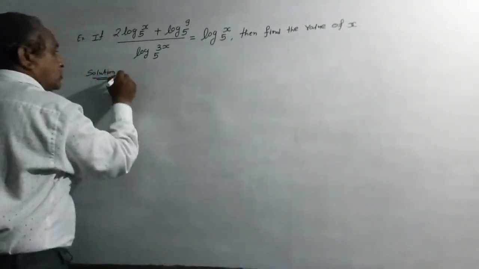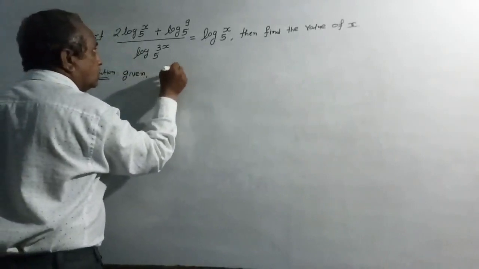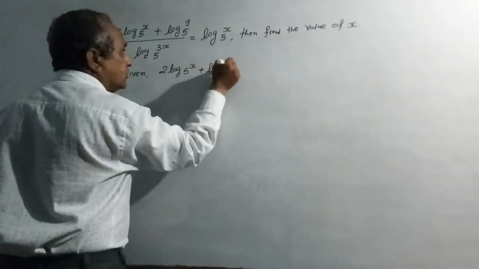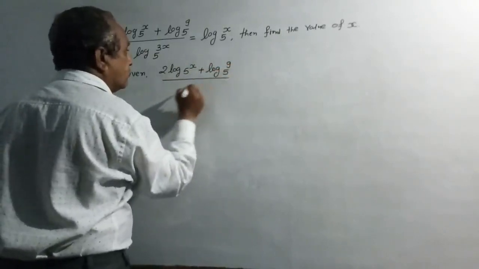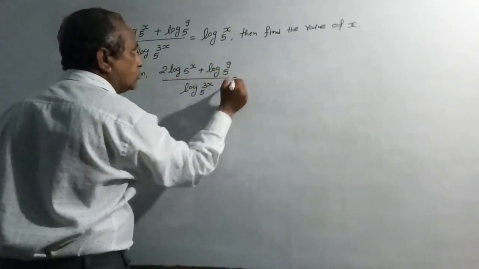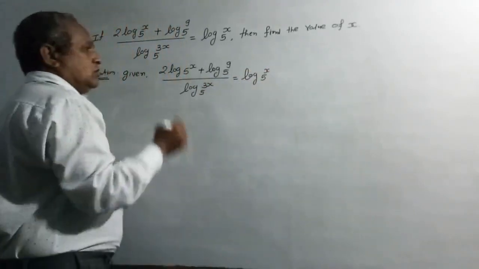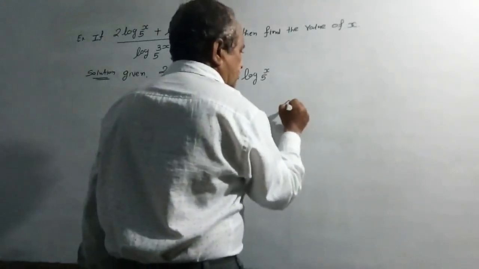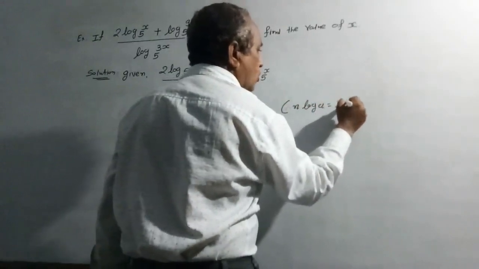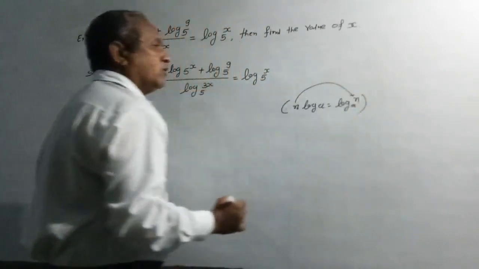So first we write down the given: 2 log x base 5 plus log 9 base 5 by log 3x base 5 is equal to log x base 5. Now first, n log a is equal to log a to the power n, the multiplier goes to the power.